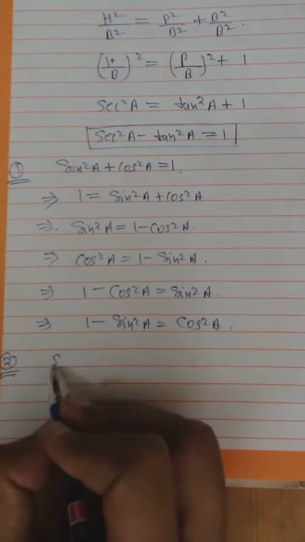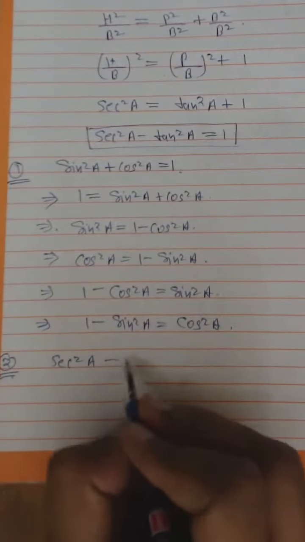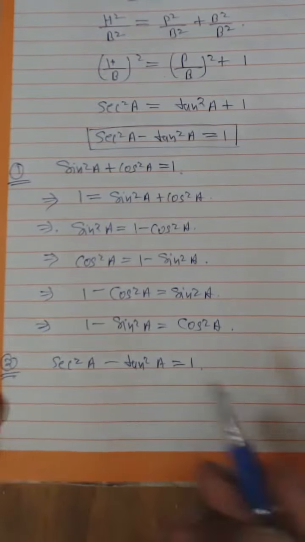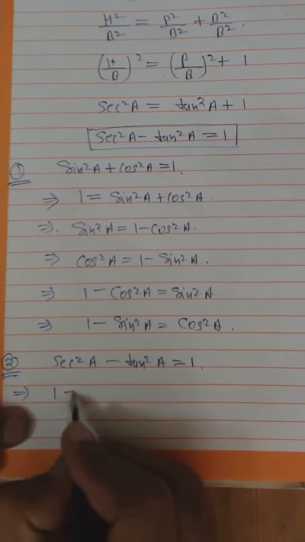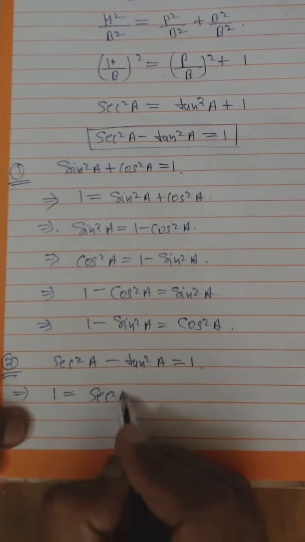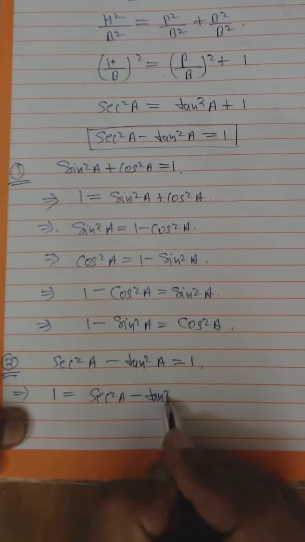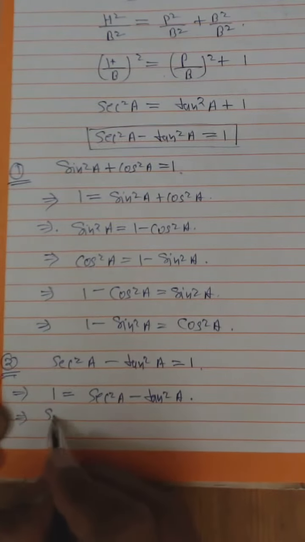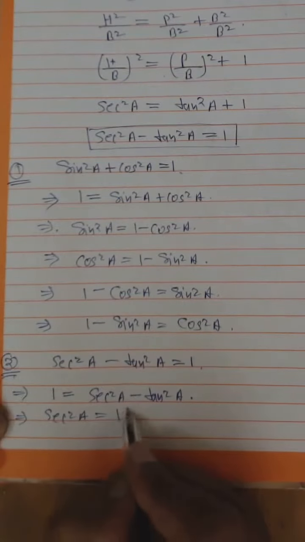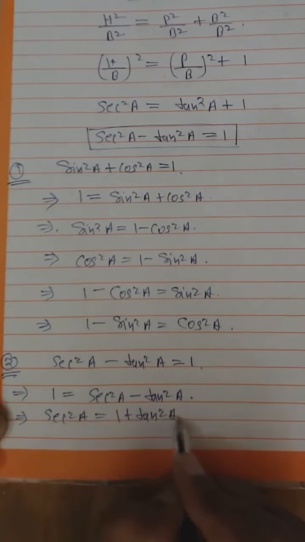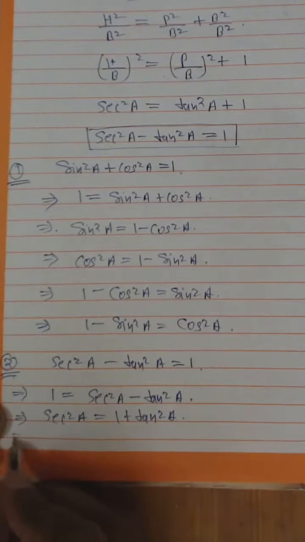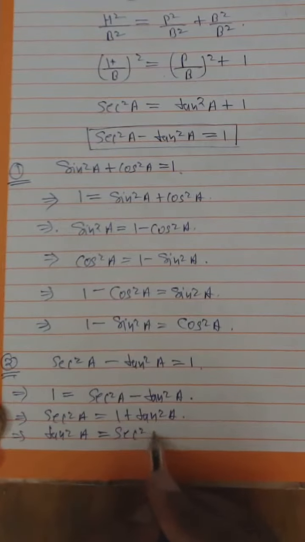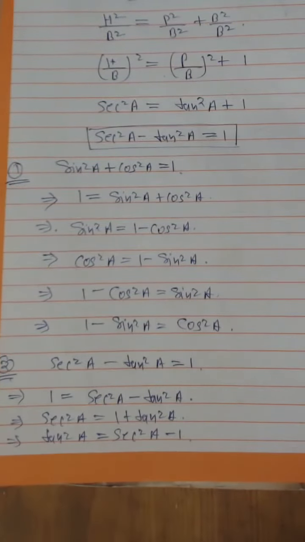Second thing, sec square A minus tan square A is 1. So how can we use this? In place of 1, we can substitute sec square A minus tan square A. In place of sec square A, we can substitute 1 plus tan square A. For tan square A, we can substitute sec square A minus 1.